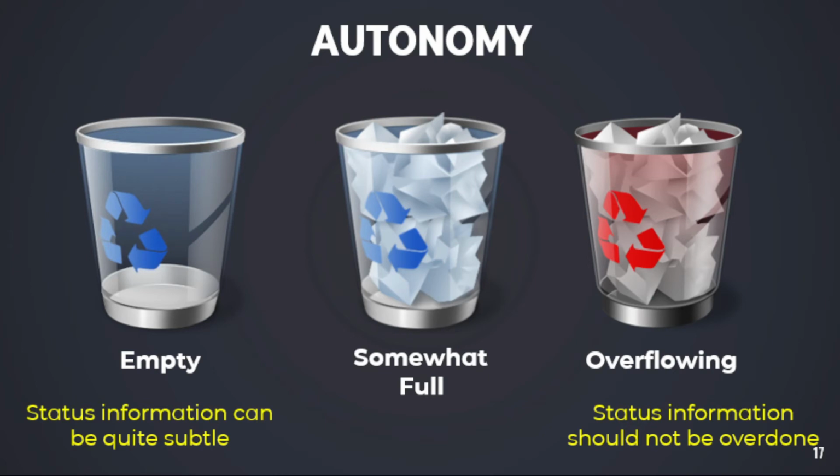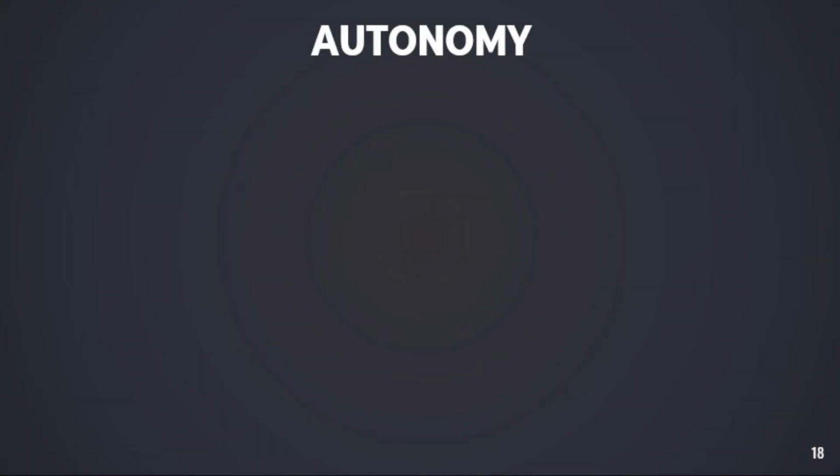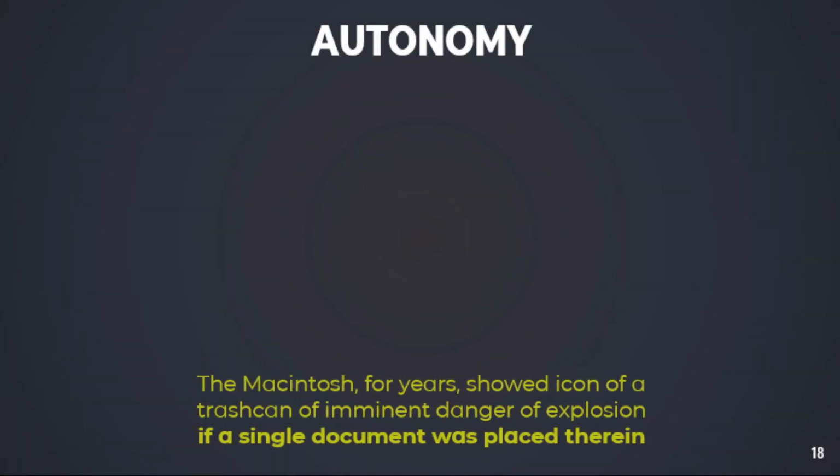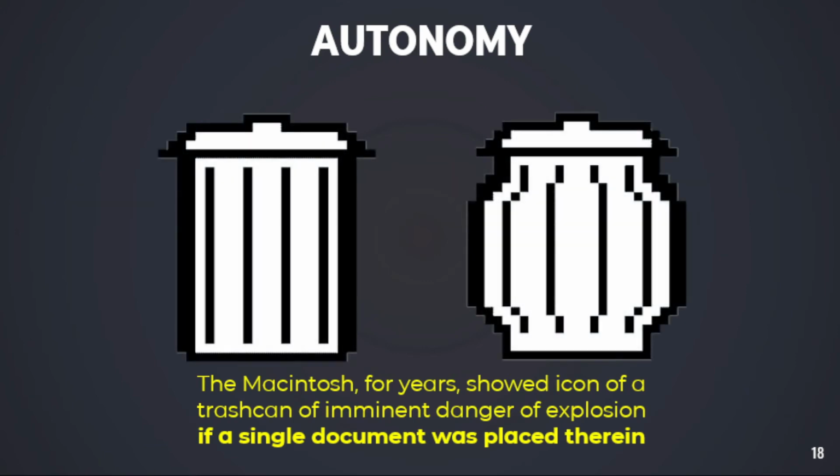Do you understand? Now, this came into light because a few years back, Mac, short for Macintosh, showed an icon of a trash can in imminent danger of explosion if a single document was placed therein. In short, it's a nice design.